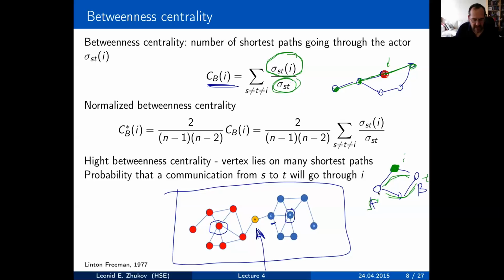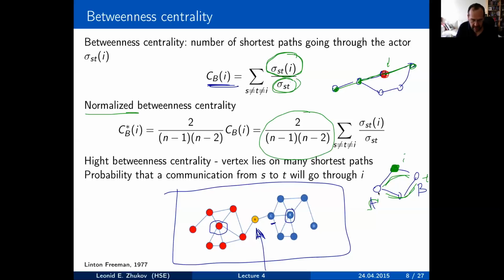In the same way as before, we can also talk about normalizing it, and the normalization factor is given by this number. This number is just how many ways you can connect n-1 nodes with n-2 nodes.